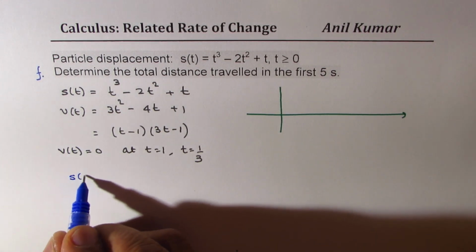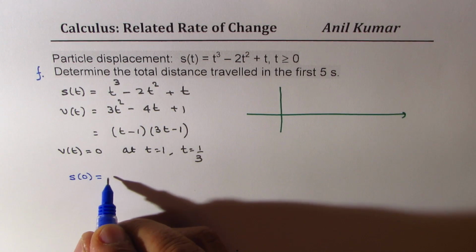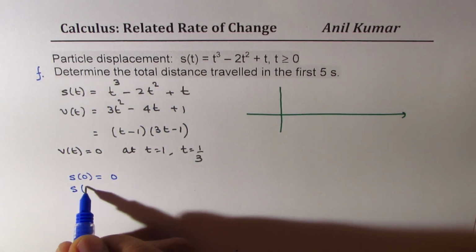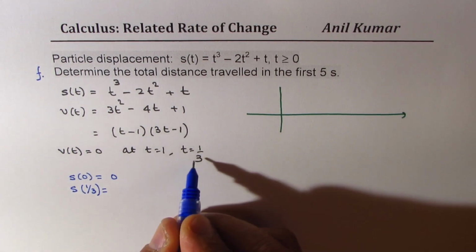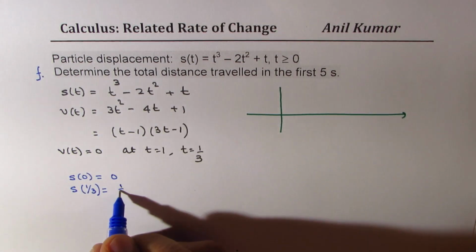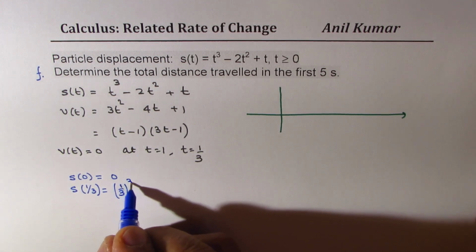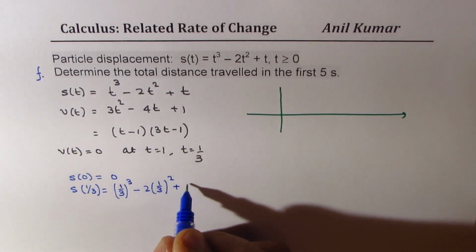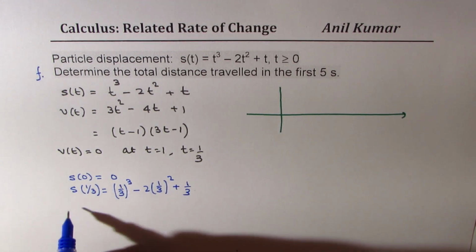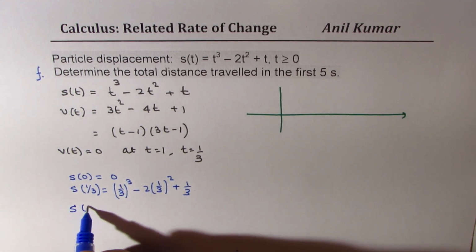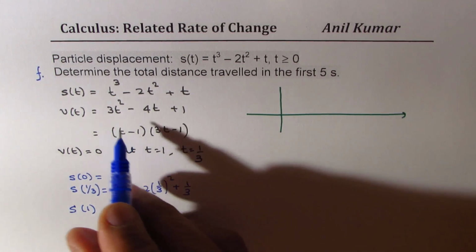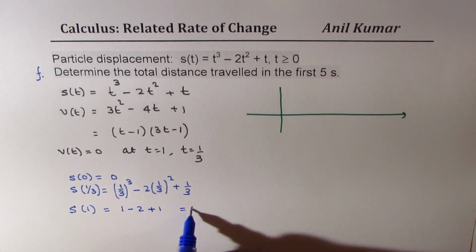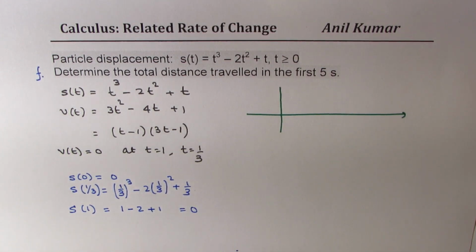We'll have s of 0, which is 0, substituting 0 here. Then let's find s of 1 over 3. We substitute 1 over 3 here and get 1 over 3 whole cube minus 2 times 1 over 3 whole square plus 1 over 3. And we'll also calculate s of 1. If I substitute 1, I get 1 minus 2 plus 1. This is indeed 0. We checked it out earlier.